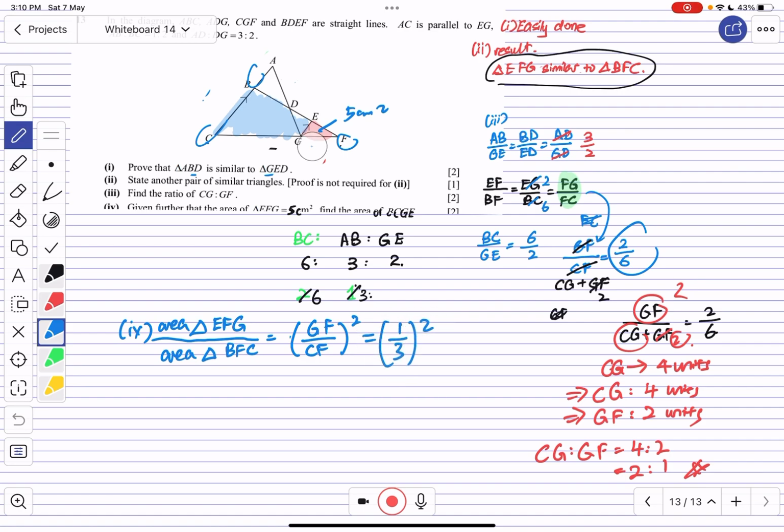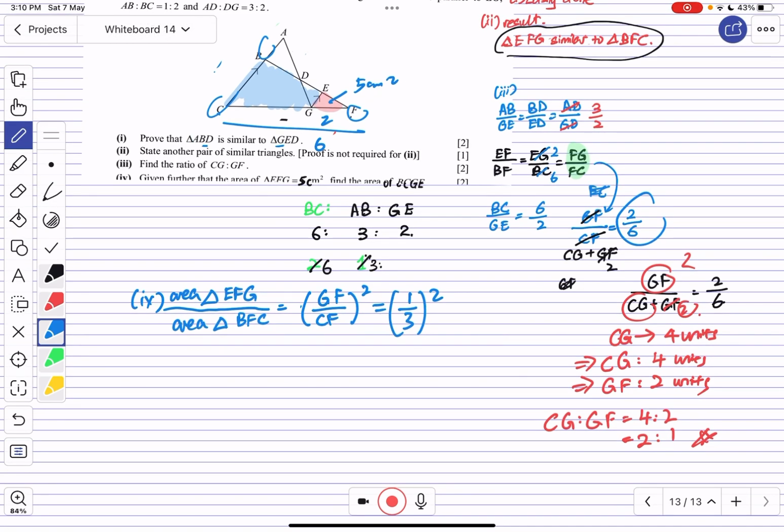And recall earlier, this is 2 units, this is 6 units. Then over here, EFG, as we know, is equal to 5. This means that if we have 5 over the area of triangle BFC, 1 over 3 squared is 1 over 9. And finally, our answer turns out to be the area of BFC will be 45 units.